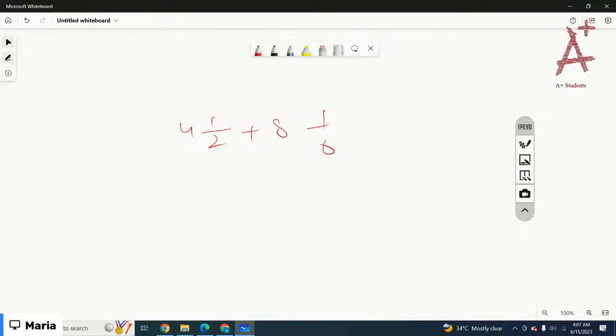You have to add them, 4 whole 1 over 2 plus 8 whole 1 over 6.